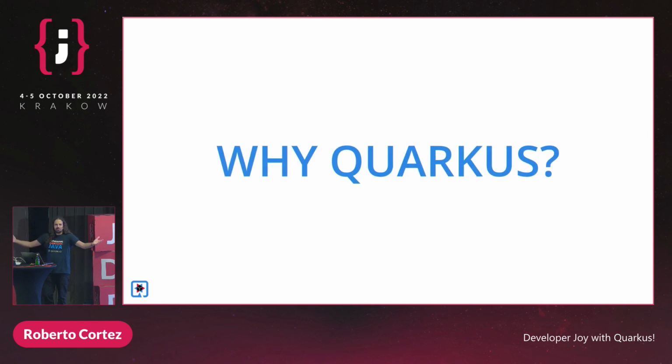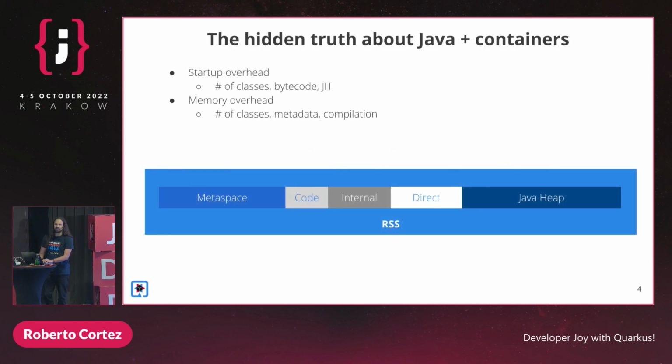Now the next question you're probably figuring out is, okay, why another framework? Why another runtime? Why do we care about this? Why Quarkus? We have to take a step back to answer that question. We like to call this the hidden truths about Java and containers. I'm not going to go into too much detail about the Java memory model, I think there were a couple of sessions about that.